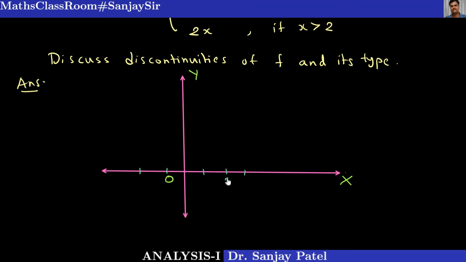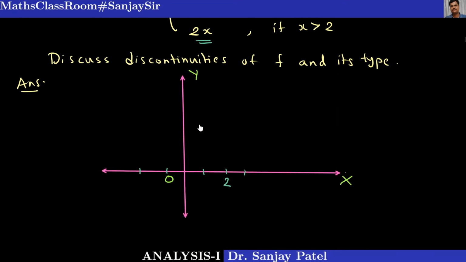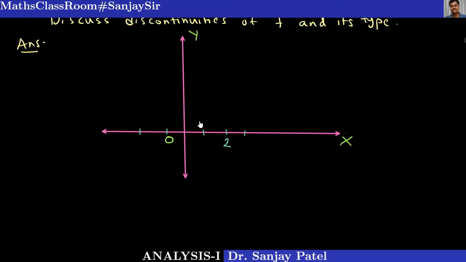For x greater than 2, the function is a straight line. You can see here it is 2x. So it's a straight line passing through origin, but we have to consider from this point on.